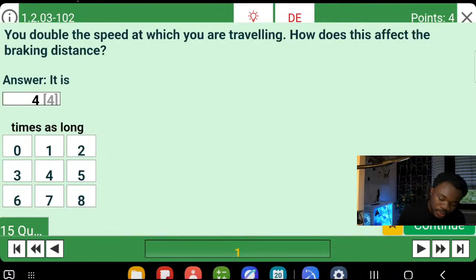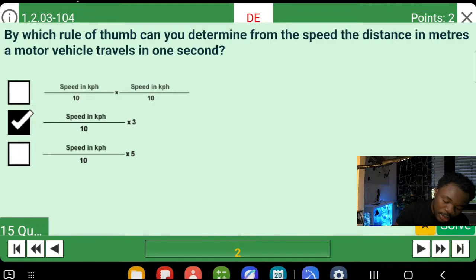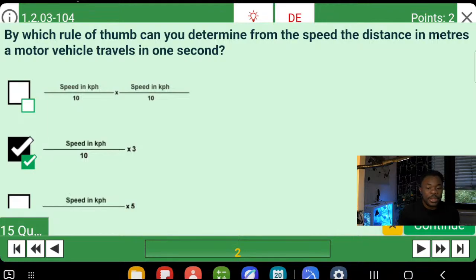Okay, let's continue. By which rule of thumb can you determine from the speed the distance in meters a motor vehicle travels in 1 second? This one right here, if you understand it, it's really going to help you a lot. So the number 2 answer is the correct answer, because right here, they're simply talking about the reaction distance.